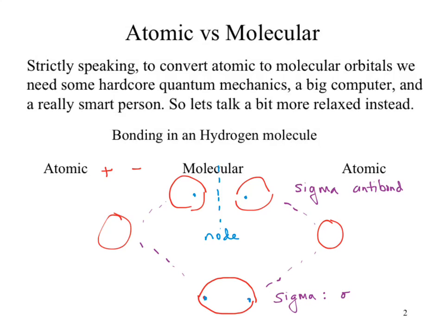Because it's fancier than not a bond. That's all we're trying to say. And that symbol becomes sigma star. So the sigma is in reference to the direct overlap of two orbitals. What do those orbitals have to be? Any orbital. As long as we get a direct overlap of any two orbitals, we end up with this sigma type bond and anti-bond.